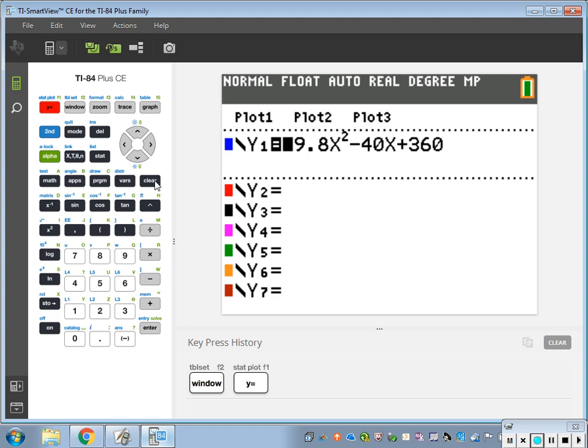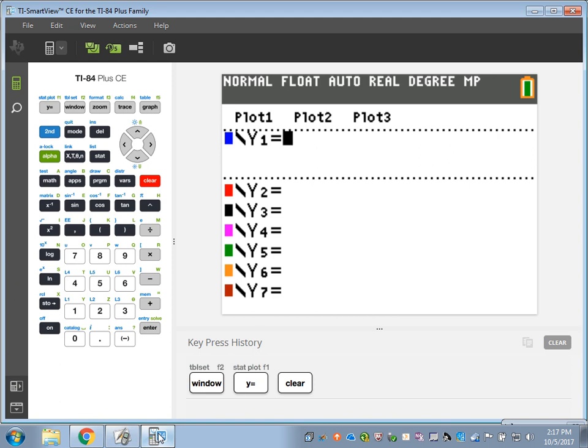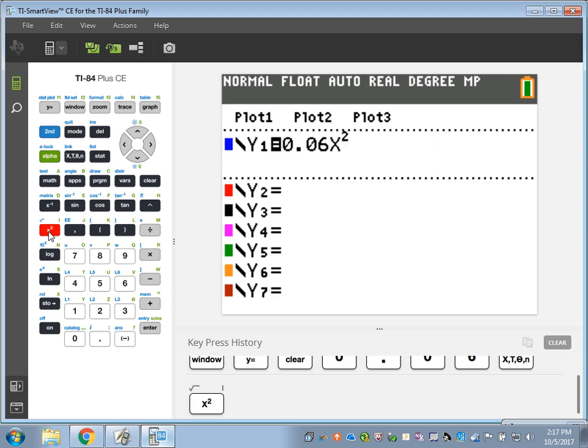I'm going to clear what I had there previously. Under y equals, we are going to punch in this function that we have here: 0.06t squared plus 15t minus 1609. But we're not going to use t. What are we going to use? X, because of how that's set up in terms of our calculator. So 0.06x, and please use the squared button.